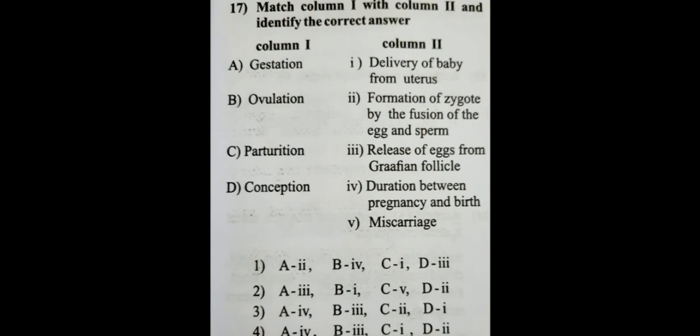Ovulation is release of egg from the Graafian follicle or ovary. Parturition is delivery of baby from uterus. Fourth, conception is formation of zygote by the fusion of egg and sperm. So these are the matching processes. So the answer will go to the fourth one. Fourth option is the right answer.